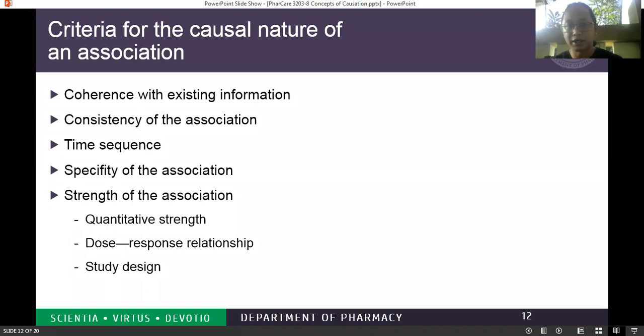And also the study design. In clinical studies, the RCT may have the best design to draw conclusions, but we have some analytical and also observational studies that we will learn next week or the week after next week.